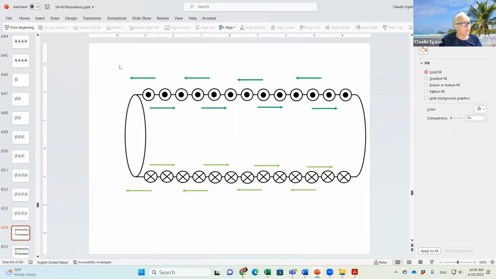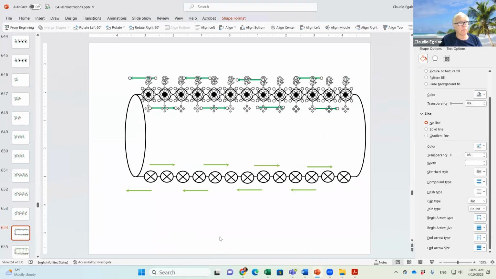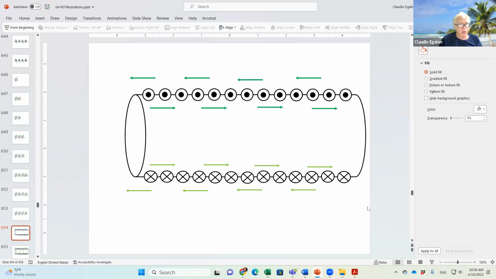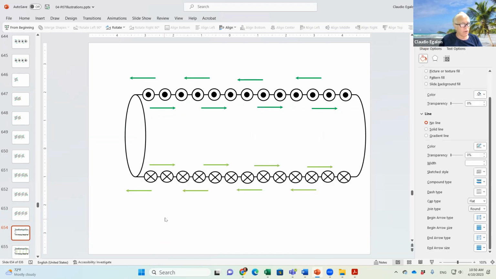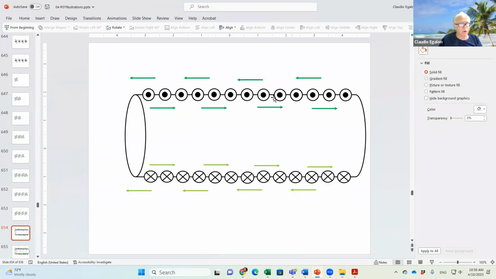That's what we got for the top wires, and that's what we got for the bottom wires. Notice that at the top of those wires the field is to the left. At the top of those wires, the field is to the right. But at the bottom of this one, the field is to the right as well.